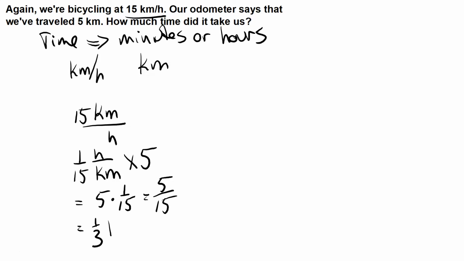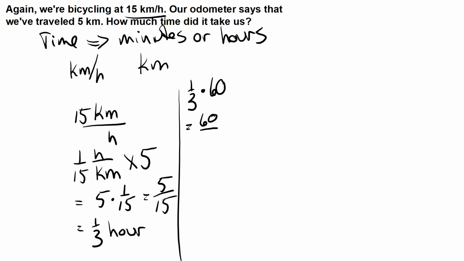So we've got 1/3 of an hour. Well, 1/3 of an hour, if you're not sure about what that is, means 1/3 times 60 minutes. A third of 60 minutes is the same as saying 60 divided by 3, which is, of course, equal to 20 minutes. So that gives us our correct answer.